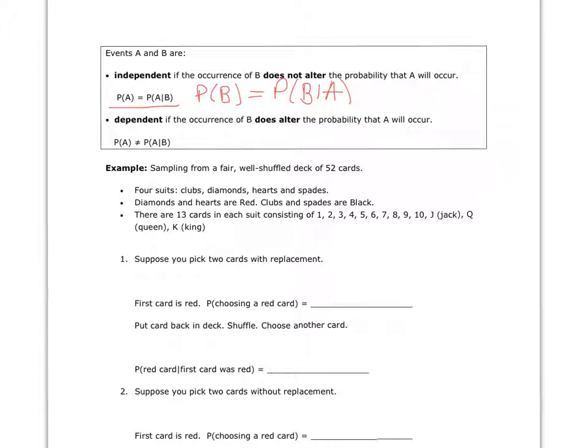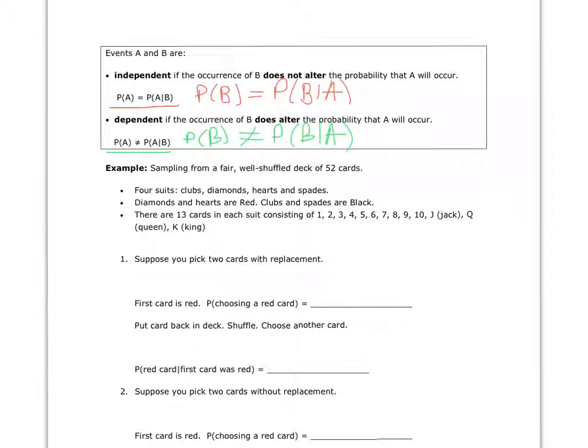Okay, so on the flip side, dependent events are those where the occurrence of one does change the probability that the other will occur. So if we don't have this equality, then those events are dependent. We could also say the same thing going the other way. If the probability of B does not equal the probability of B given A, then A and B are dependent.